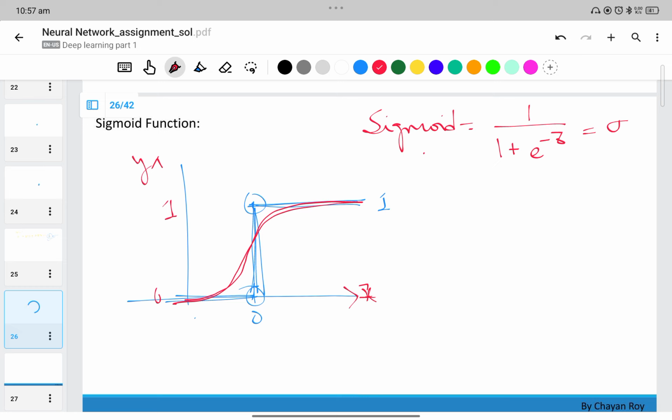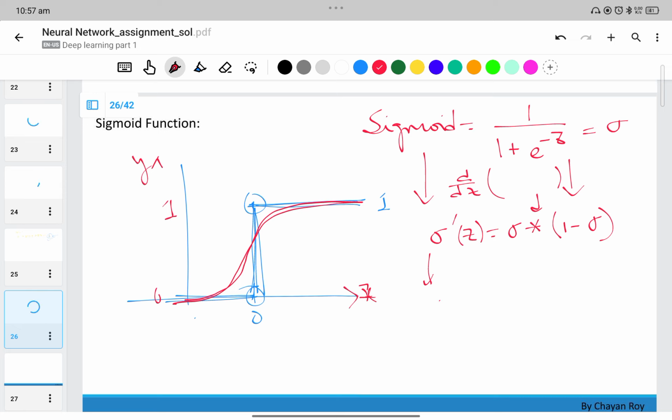This has some cool properties. The first property: the first differentiation with respect to z will give the sigma function into 1 minus sigma. You can do d/dz of this function and you will get this.